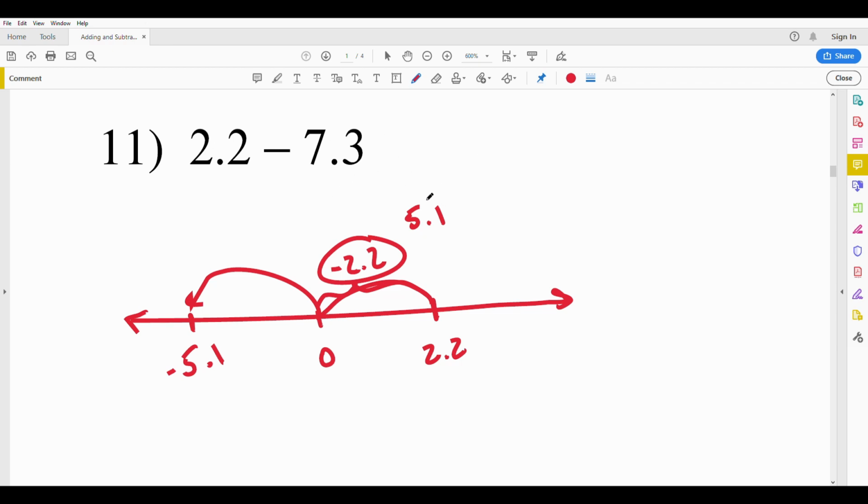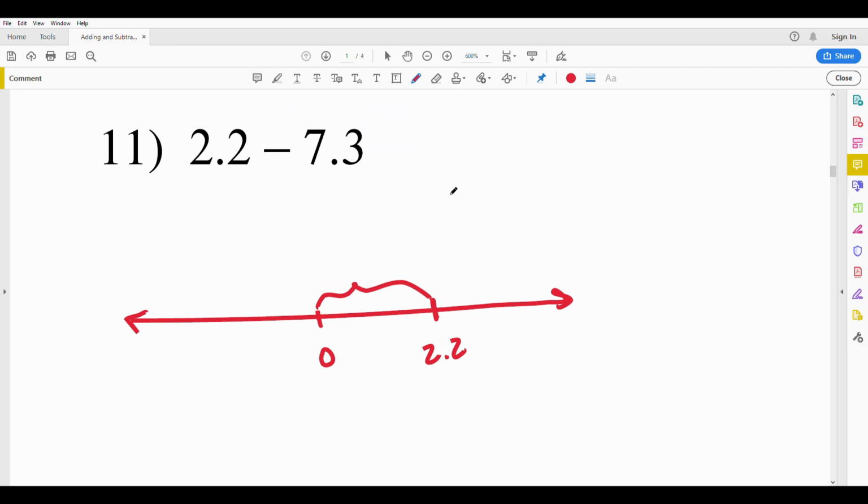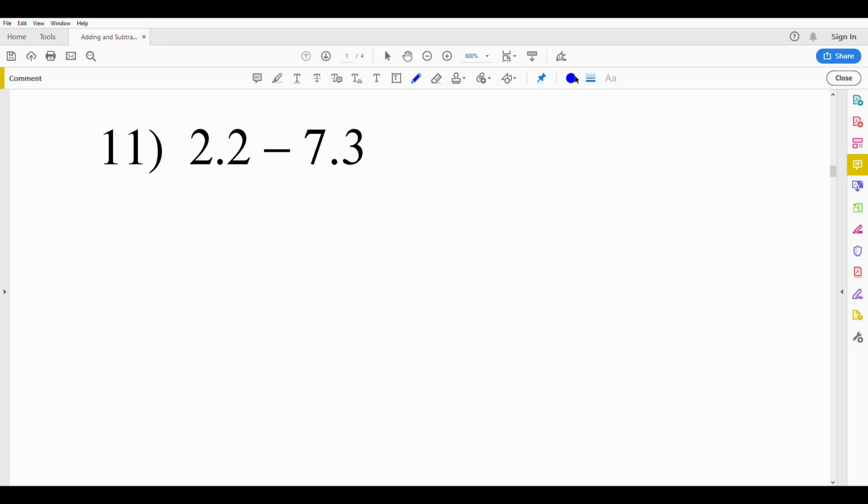And again, how I got that 5.1 is I know that 5.1 plus 2.2 gives me a positive 7.3. So if I'm subtracting, negative 5.1 plus a negative 2.2 gives me a negative 7.3. And again, remembering our trick from up above, or our helpful tip, we can simply think of this as our 2.2 is positive, and because we're subtracting 7.3, that's like adding a negative.